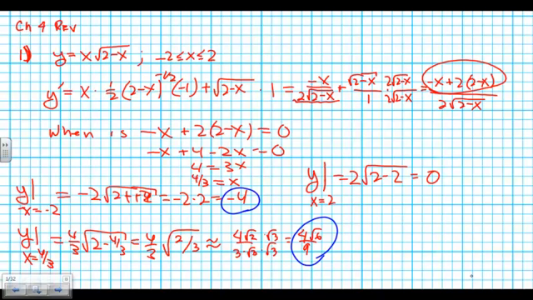Maximum is this, and you would find it at 4/3. Then they say minimum is -4 at x equal -2. So whenever they use the word maximum or minimum, they describe the y value, not the x value. All right, so that's problem number 1.